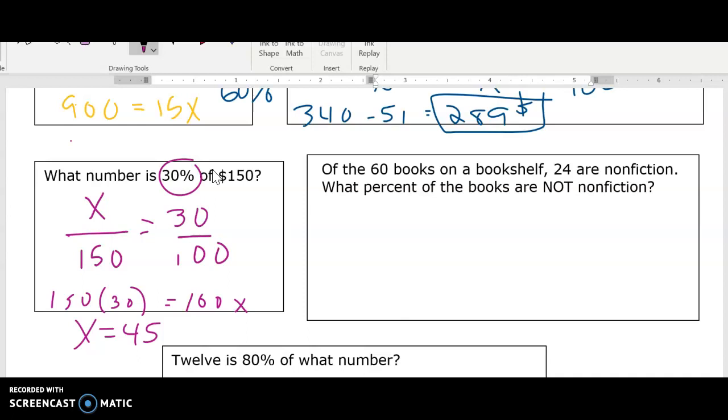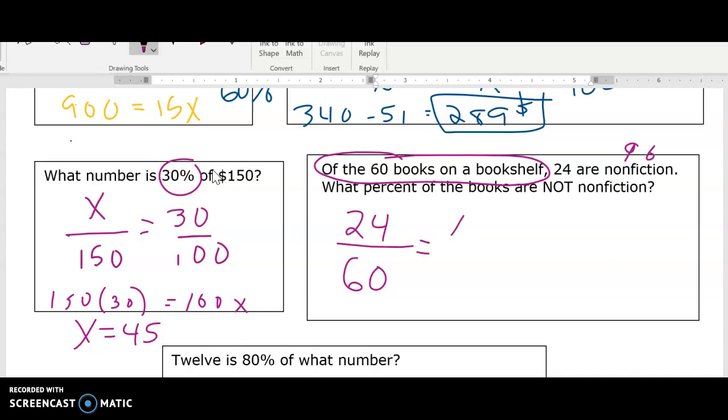Of the 60 books on the bookshelf, 24 are fiction. What percent are not nonfiction? So I'm going to find the percent that are nonfiction. I could do this two different ways.